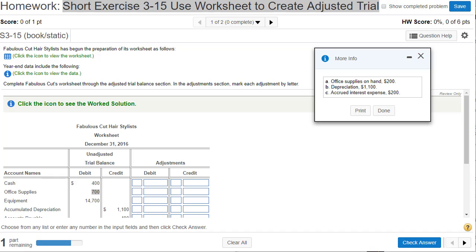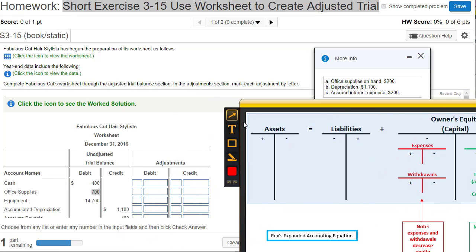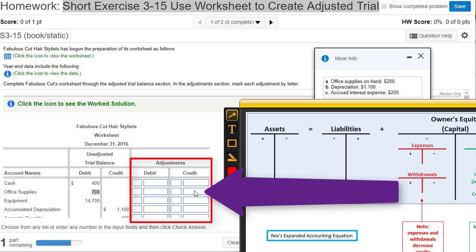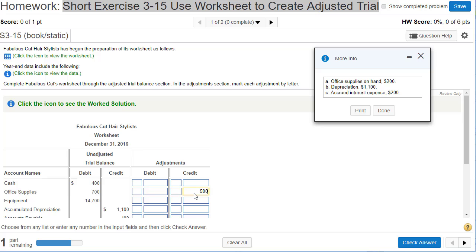So how would we lower the office supplies account? Well, the office supplies account is an asset. So to lower it, we have to credit the account. So in the adjustments column, I'm going to put the amount of supplies that we used here to lower the account. So we used $500 of office supplies.